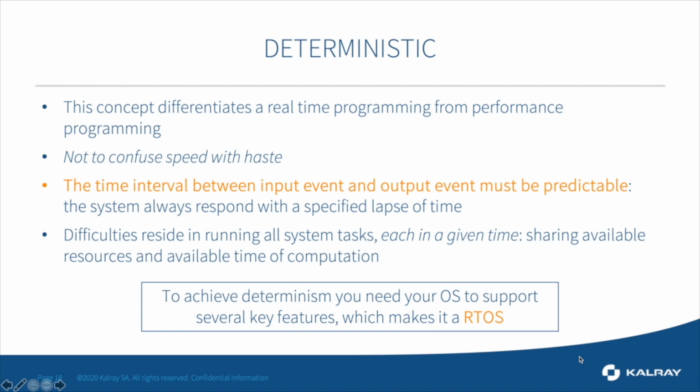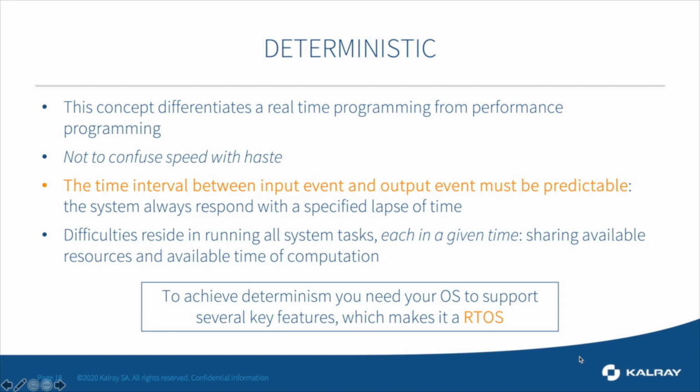Obviously, the difficulty in making it happen is that you will not run only one task on your system. You expect to run multiple types of tasks simultaneously on different types of CPUs. So you need to be able to share the resources and the computation time.